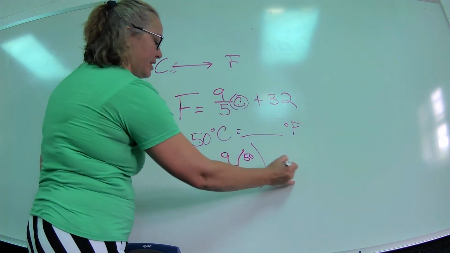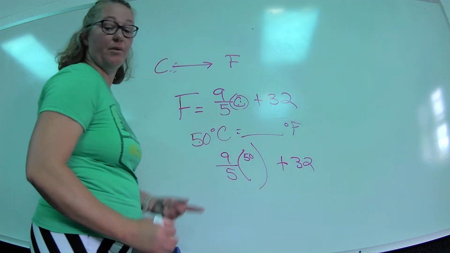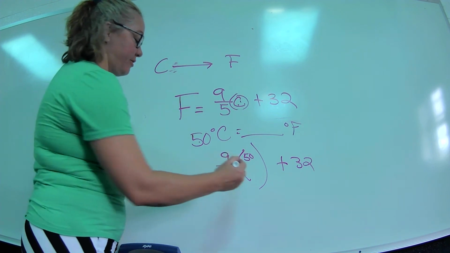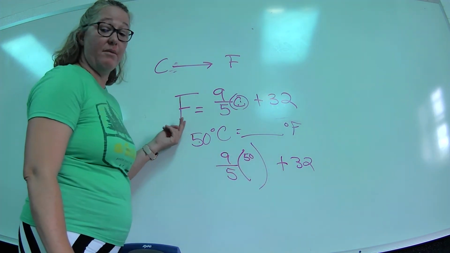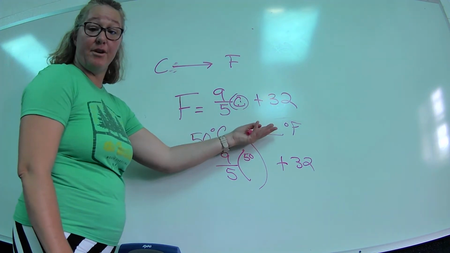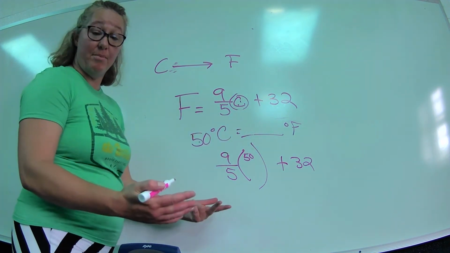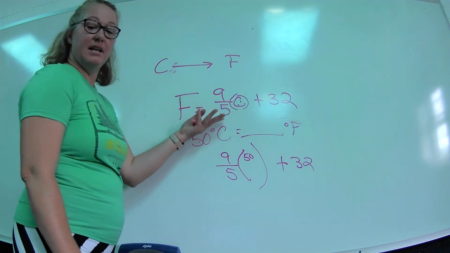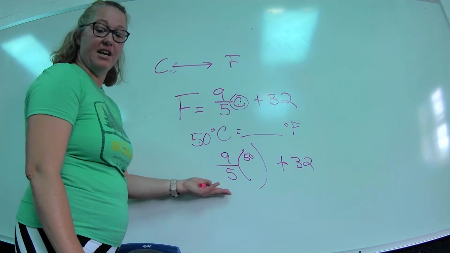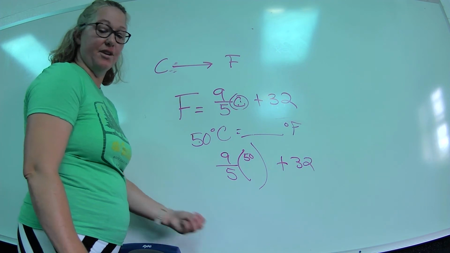All right, plus 32. Write the formula out, plug in the values, then solve. One nice thing about using a whiteboard is once you have the formula already written out, I don't have to write it out every problem, but if you're doing it on paper, you need to write the formula out every single time. Then you plug in the values every single time, and then you can solve.